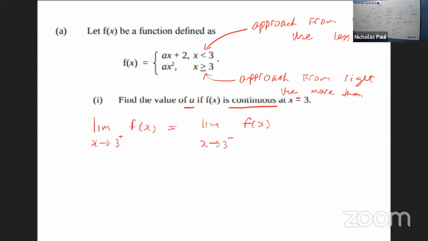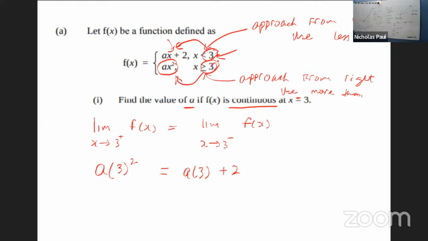As you approach from the right, we're using this function, so that'll be a. Don't write x squared, just write 3. That's okay? And if you're approaching from the left, use this function. That'll be a by 3 plus 2. All you have to do to get it is just plug in this value for x.